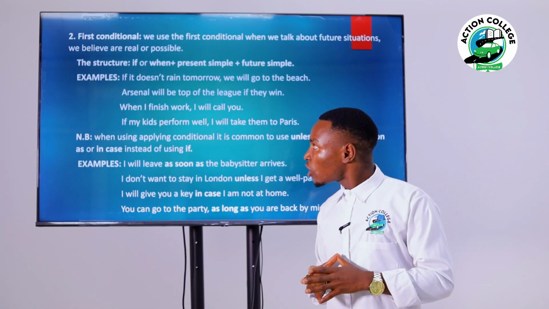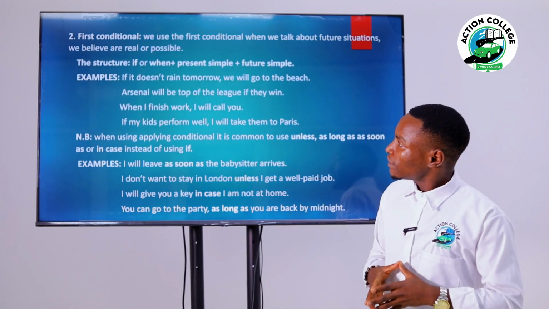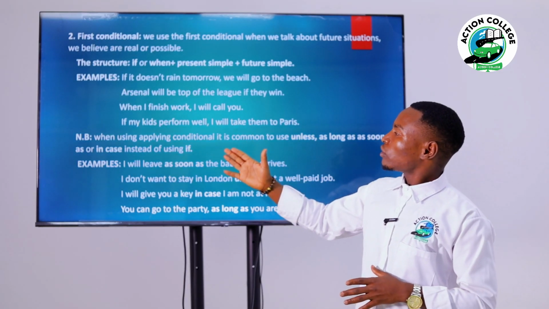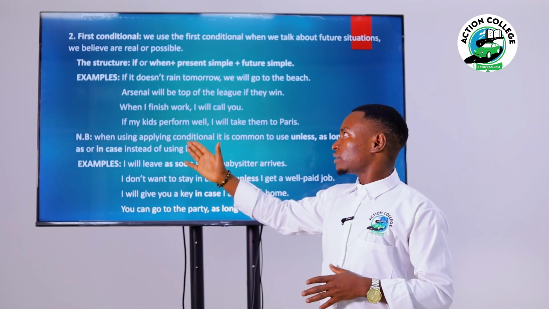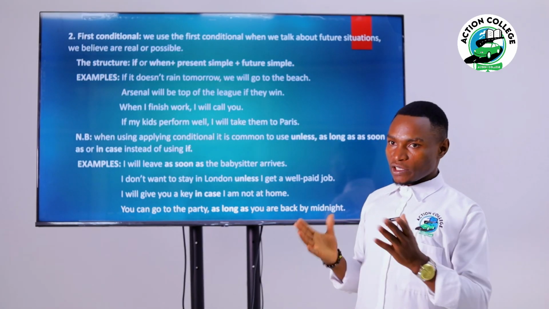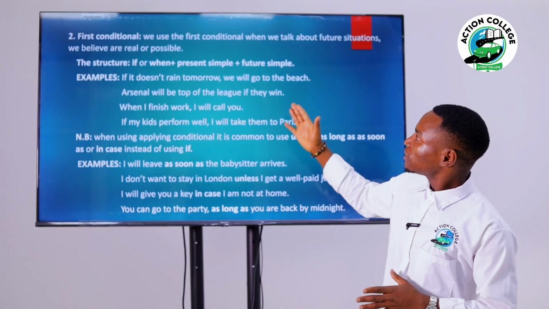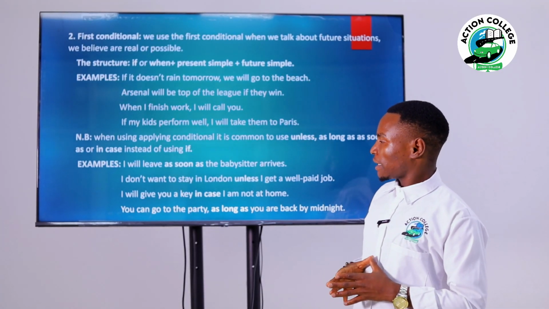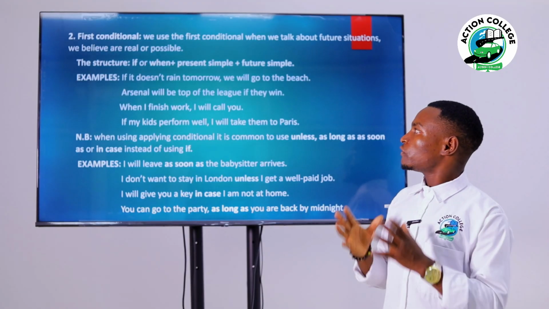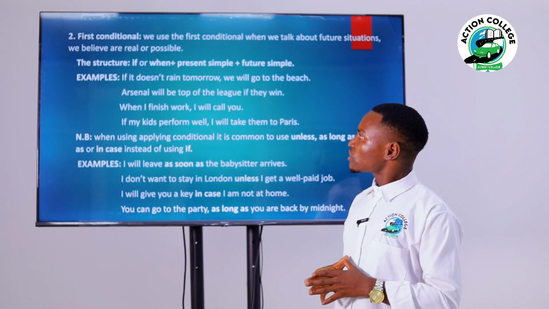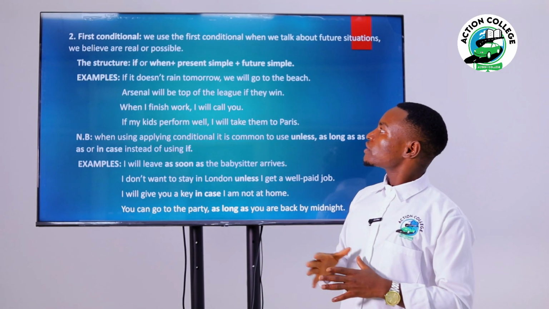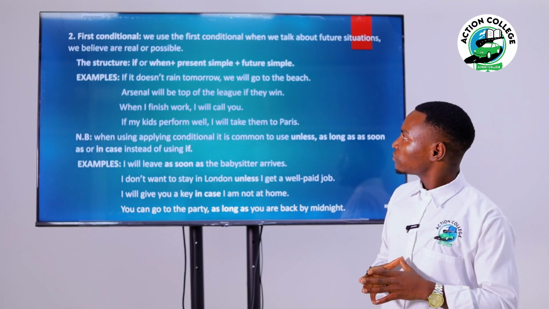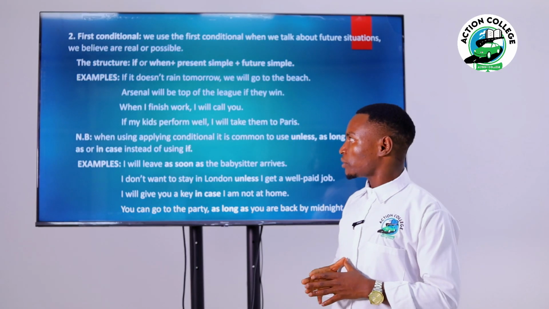The structure of this type is, first of all, you're supposed to have if or when plus present simple. Then you add future simple. It means the first clause must be in present simple while the second is in future simple.